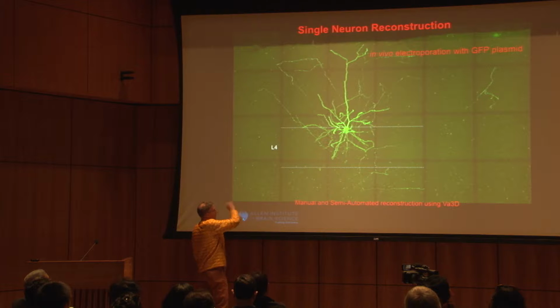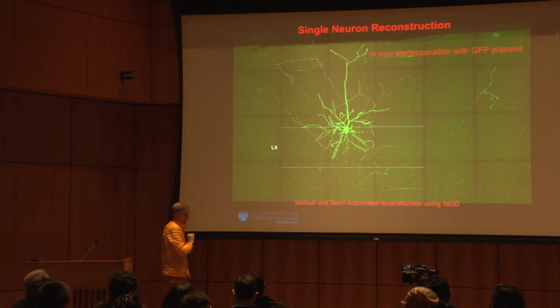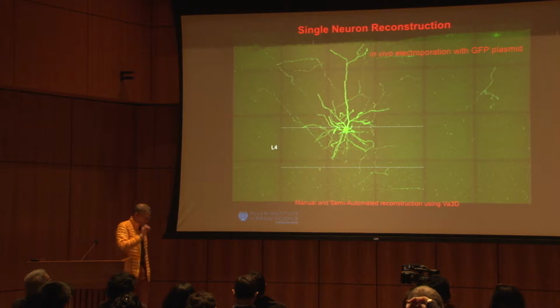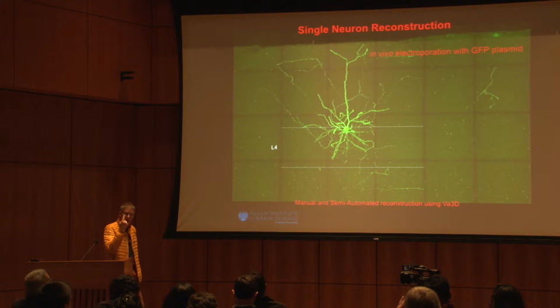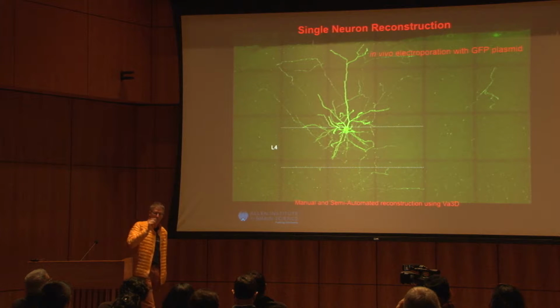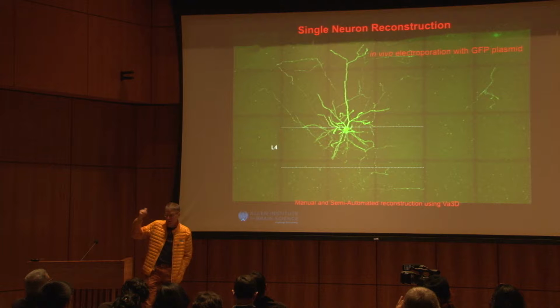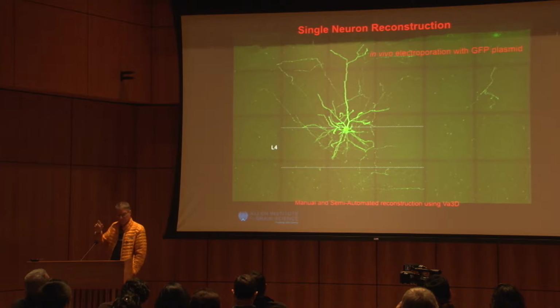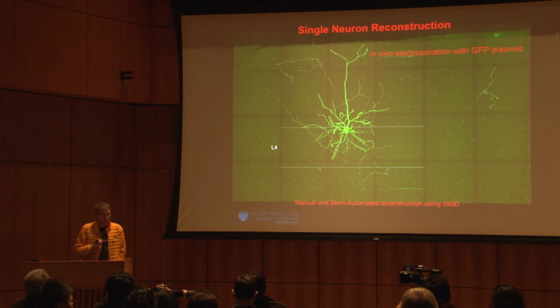Here we have a neuron that we infected in a living animal. So you take a living animal, you take one plasmid of a rabies virus. It's a modified rabies virus, but it's related to the one you get if you're bitten by a rabid dog. What happens?